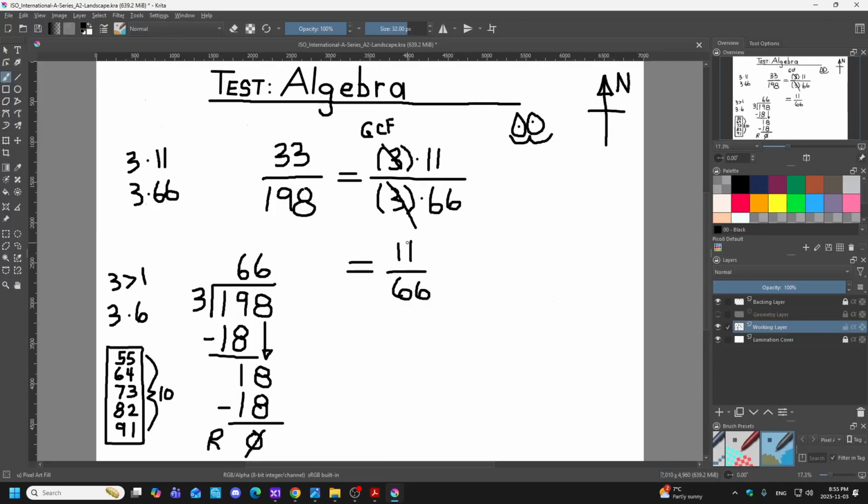So knowing that, we're going to use 11 as our largest number. What times 11 gives us 11? That's 1. 11 being our greatest common factor now.